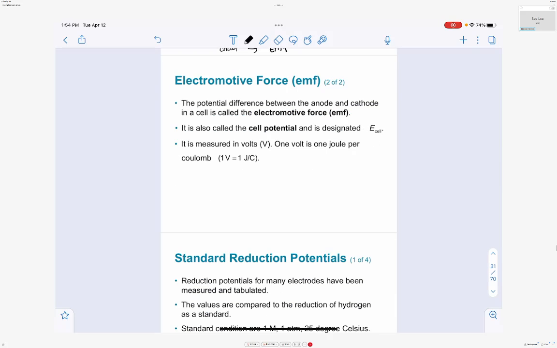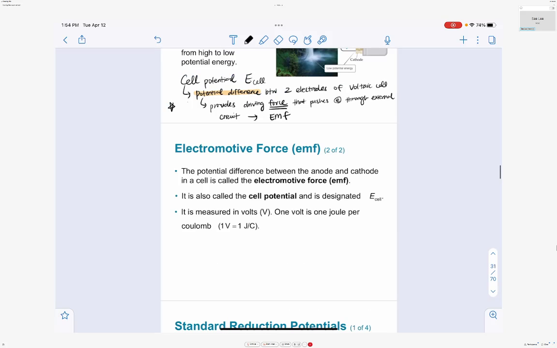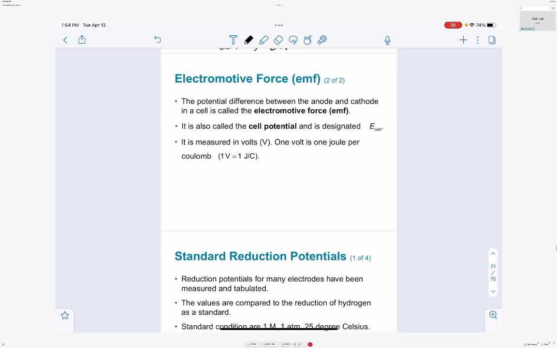The cell potential and EMF refer to the same thing. The cell potential, or EMF, is measured in volts. And you need to know this unit conversion: 1 volt equals 1 joule per coulomb.